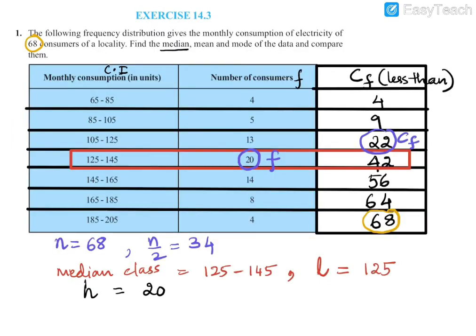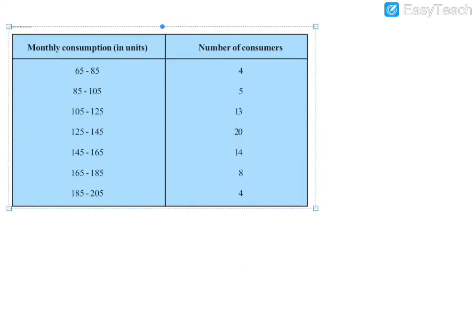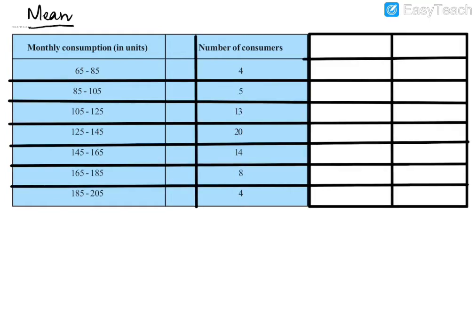Now we also have to find the mean and mode and then compare these three numbers. Let's find the mean of this data. To find the mean using assumed mean method, we need 5 columns. In the first column, we have to write down the class intervals.